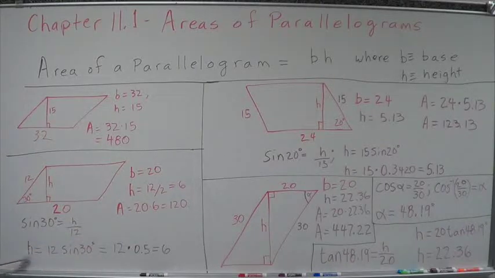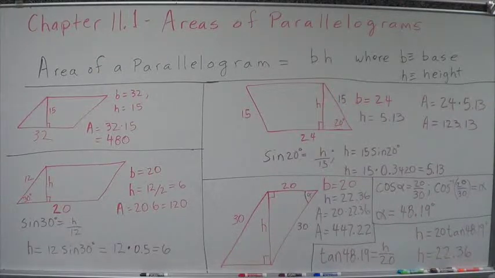We rearrange that. Height equals 12 times the sine of 30. 12 times 0.5 equals 6, and we get the same thing. So two different ways to get that. One, using it as a 30, 60, 90 degree triangle and using the table that we already know, or another one using trig functions.